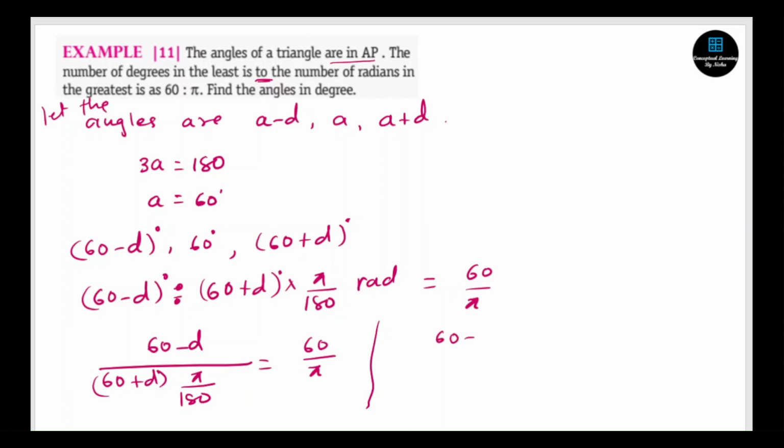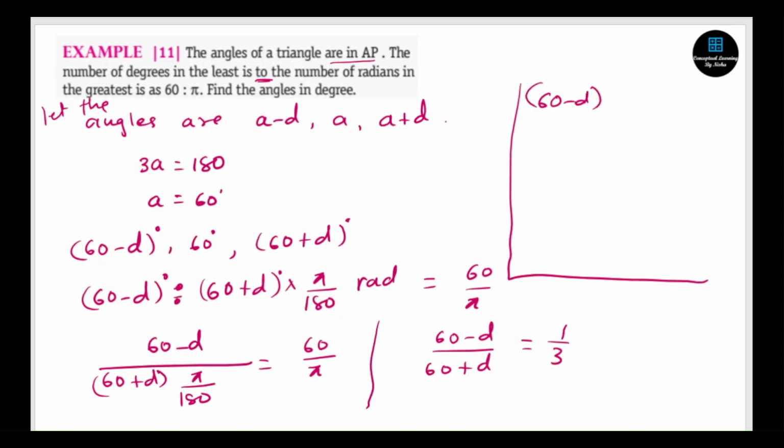So 60 minus D over 60 plus D, I can take pi over 180 to the other side. Pi will get cancelled out. 60 and 180 will simplify by 1/3. Now I can cross multiply and find the value of D. So 60 minus D times 3 equals 60 plus D. And now what do we get?